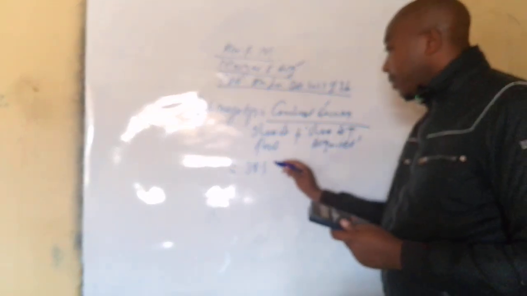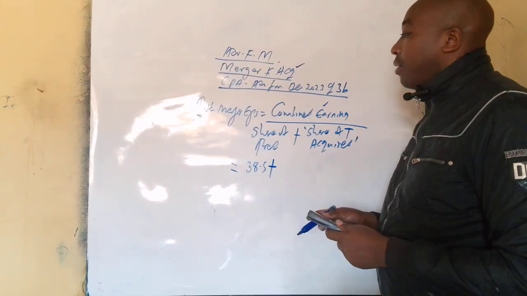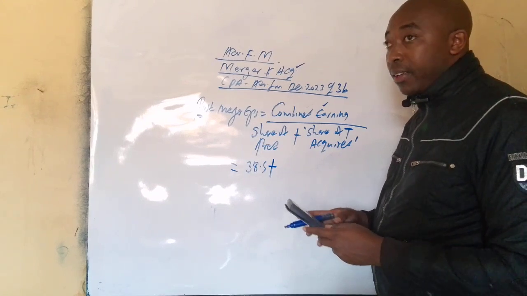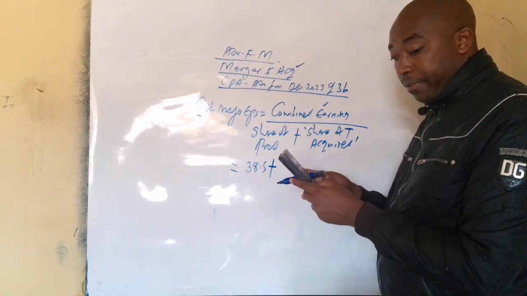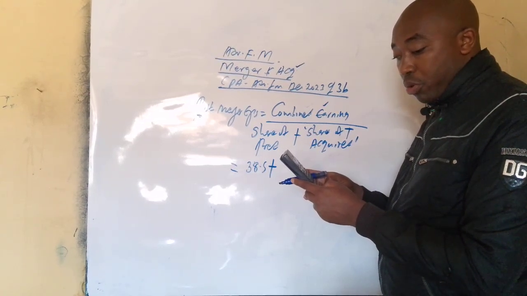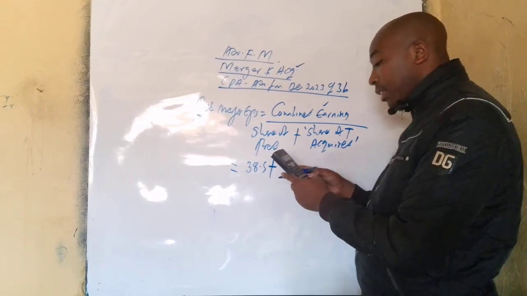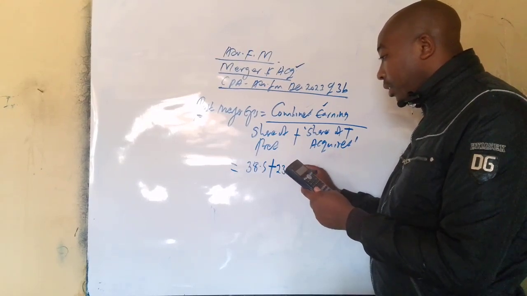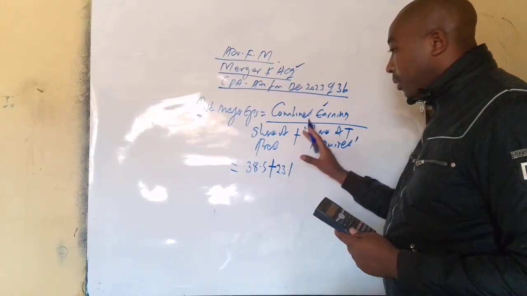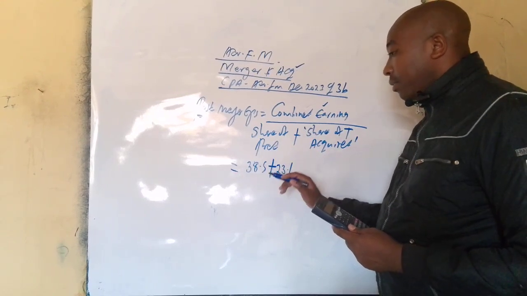For the target company, we take sales of 50 minus 10 minus 5 minus 2, we get 33, then times 0.7, we get 23.1. That is the profit after tax.